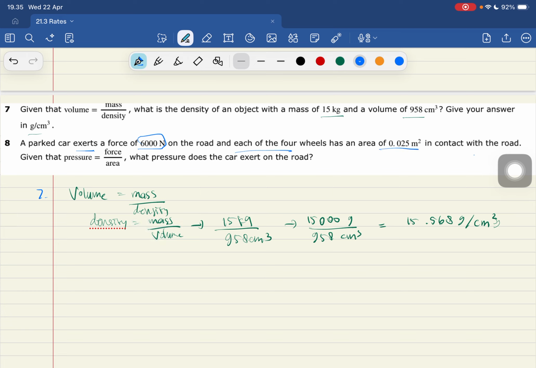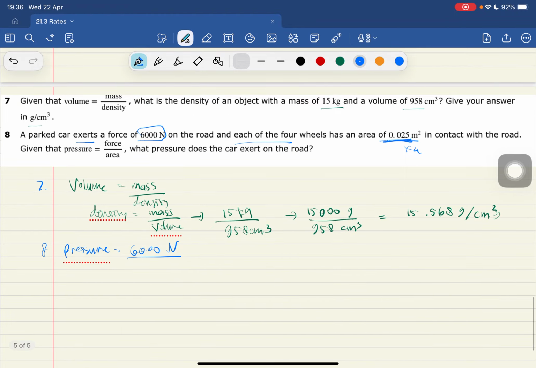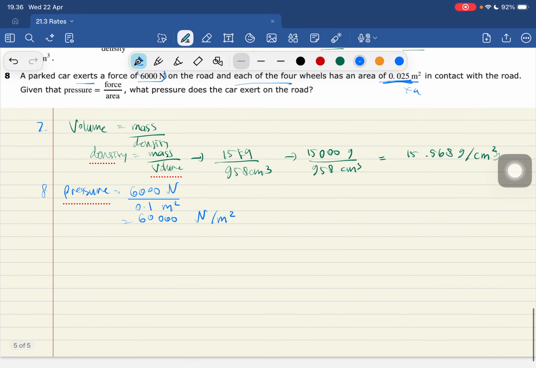If each of the 4 wheels has an area of 0.025, we can just multiply it by 4. So we got 0.1 meter square. So here is 60,000 Newton per meter square. Okay, there it is. Thank you.